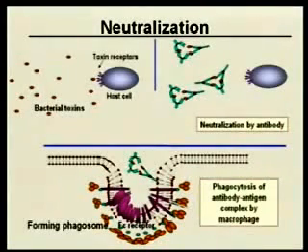When we produce antibodies against these toxins, the antibodies bind to the toxins and prevent them from binding to the receptors on the cells. These antibodies then will bind to Fc receptors on phagocytic cells. The toxins will be engulfed and cleared from the body.